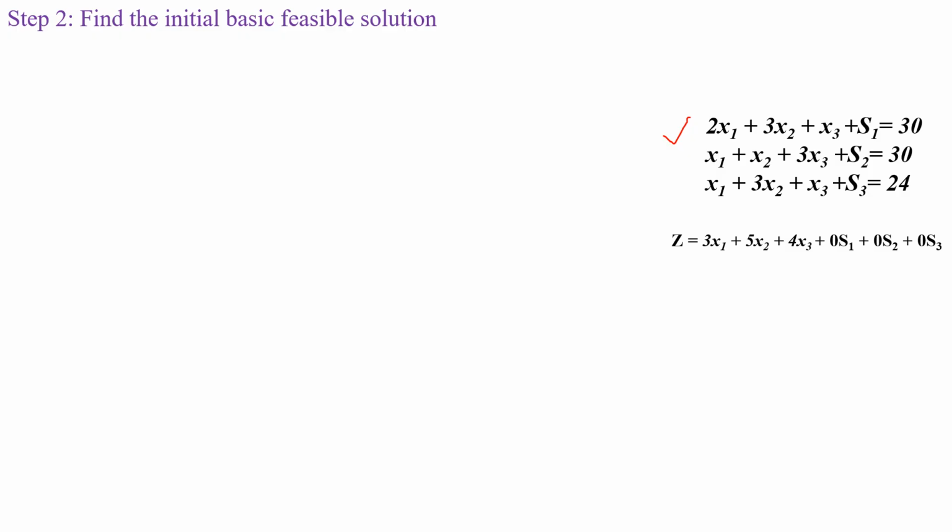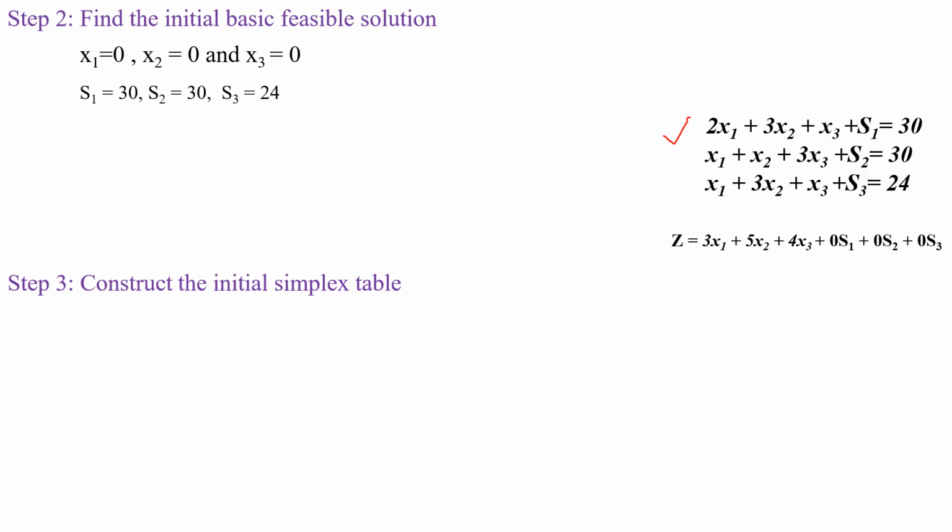So we consider x1 equal to 0, x2 equal to 0 and x3 equal to 0. Then substitute these in the constraint equations. Then we get the slack variable values: s1 is 30, s2 is 30, s3 is 24.